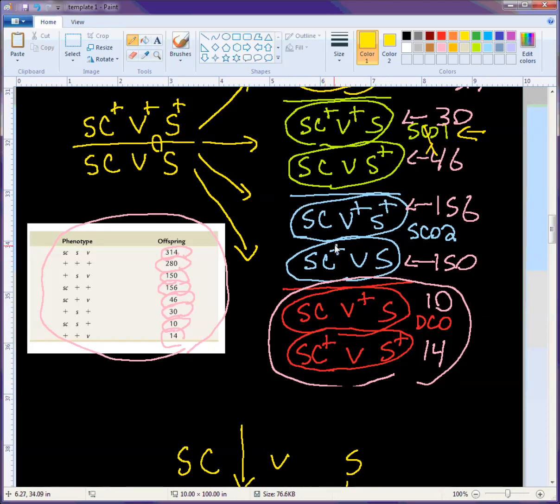But this one over here, yes, this resulted from a crossover here. And so did the double crossovers. Remember, the double crossovers involve crossovers on both sides, so between SC and V and between V and S. So we need all of the gametes that arose from a crossover between SC and V.